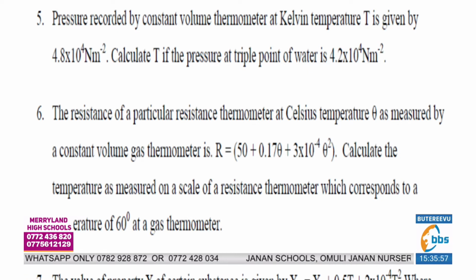Let us come here. We are saying that R theta is defined as 50 plus 0.17 theta plus 3 exponent minus 4 theta squared.